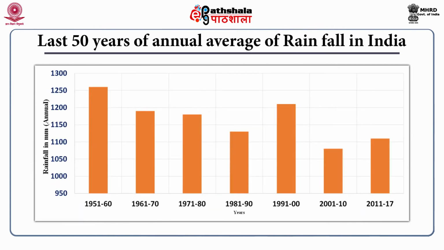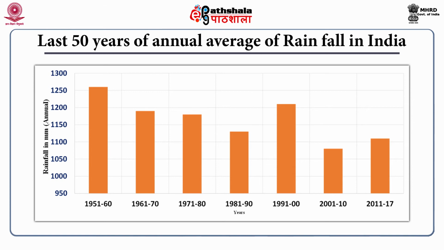This figure shows the rainfall data of India in the last 50 years. Here you will find that in the 1950 to 1960 decade, the average rainfall in the country was more than 1250 mm, but in the 2011 to 2017 period, the average rainfall is about 1120 mm.